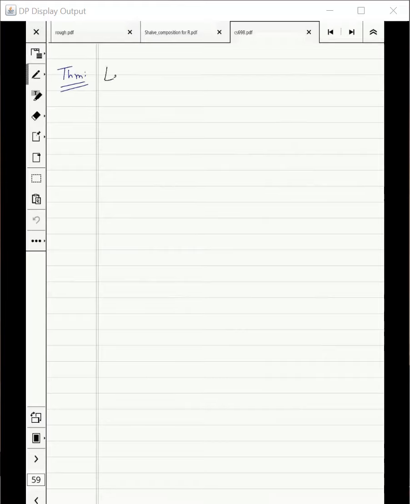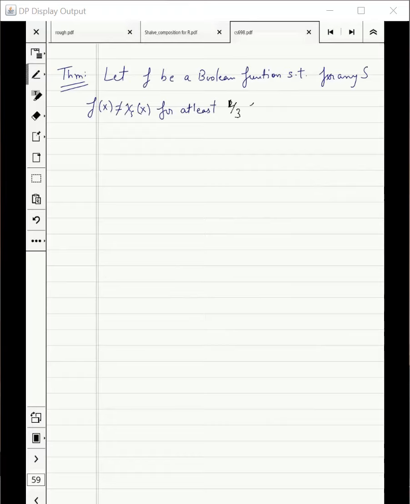Let f be a Boolean function such that for any s, f(x) is not equal to chi_s(x) for at least a 1/3 fraction.